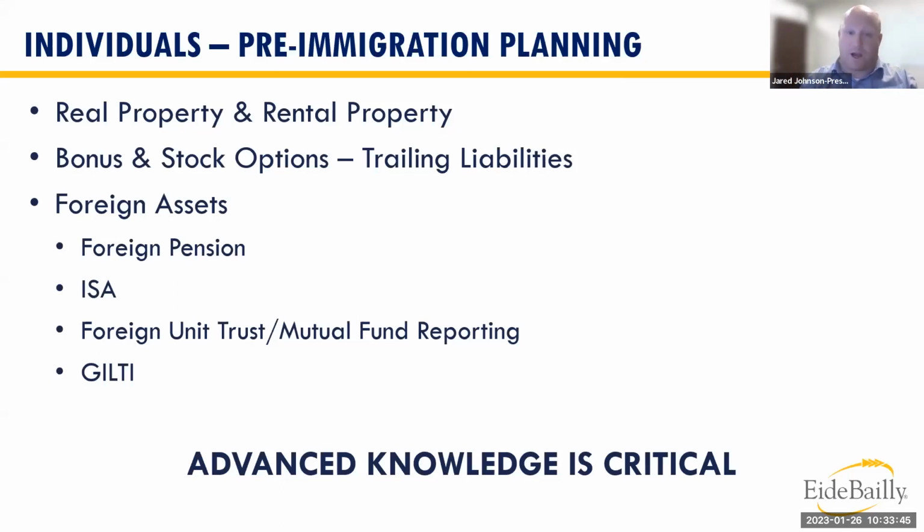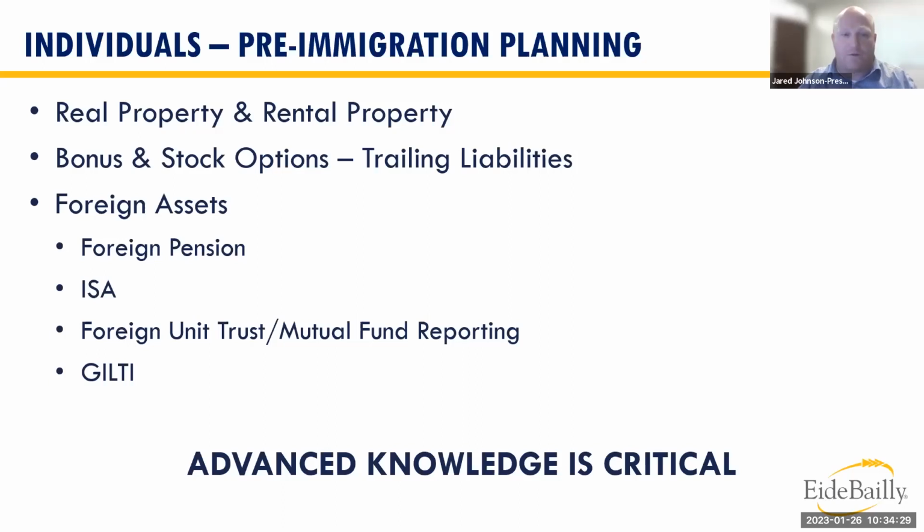So if you have stock options or bonuses that were earned in an earlier year in the UK, and you come to the US and then they vest or are paid out while you're in the US, because they were earned while you were in the UK, the UK might want a stake in those assets. Same thing when you leave the US. So depending on tax rates, which ones are more optimal, and if you have control over when you receive these, try to defer or accelerate vesting periods or earning periods, which might be a way to save some money.